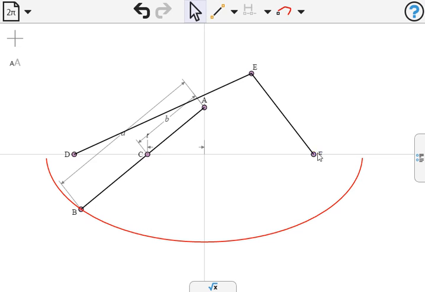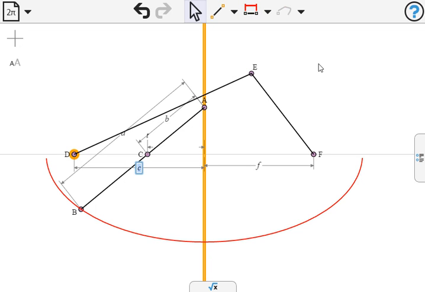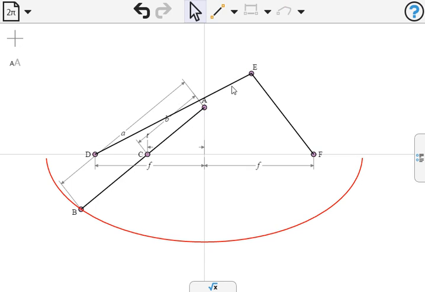I'm going to put the two foci distance f from the y-axis. That's distance f. I'm going to specify the length of this line to be S, and the length of this line to be L minus S. And so the sum of the two lengths is going to be capital L. That's the length of the piece of string.